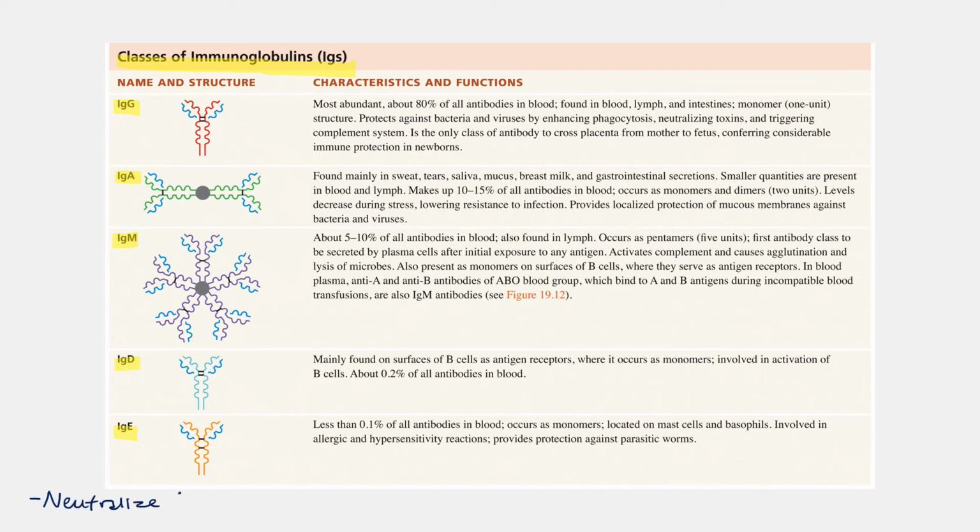So neutralize the antigen could be one action that they can do. The reaction of the antibody with the antigen will block or neutralize some bacterial toxins and can even prevent the attachment of some viruses to body cells. So in this way, they would neutralize the antigen.